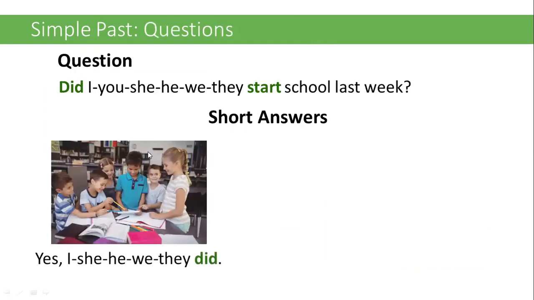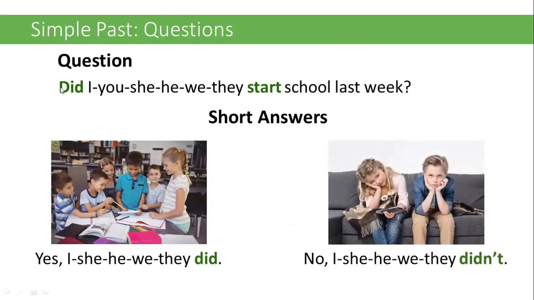Okay, the question, ya did, and then the subject, I, you, she, he, we, they, atau whoever, the subject, and then followed by verb base-nya, and then followed by keterangan waktu. Short answer kalau iya yes she did or yes they did, and for negative you can simply say no she or he, we or they didn't.